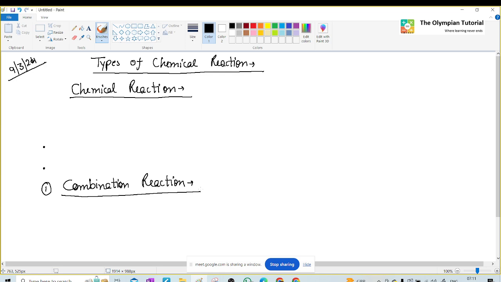As it is clear by the name, Tanya, in a combination reaction, what will happen? When substances combine.